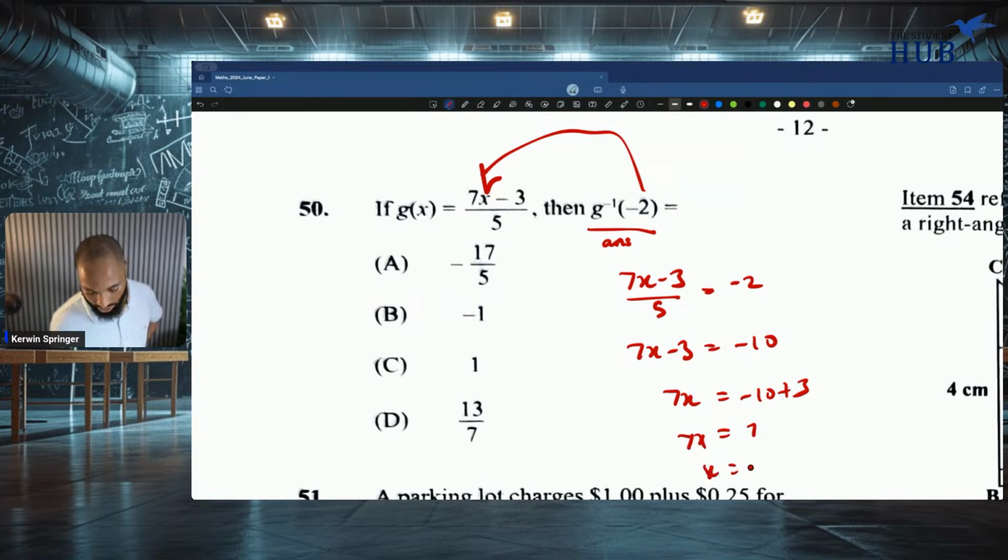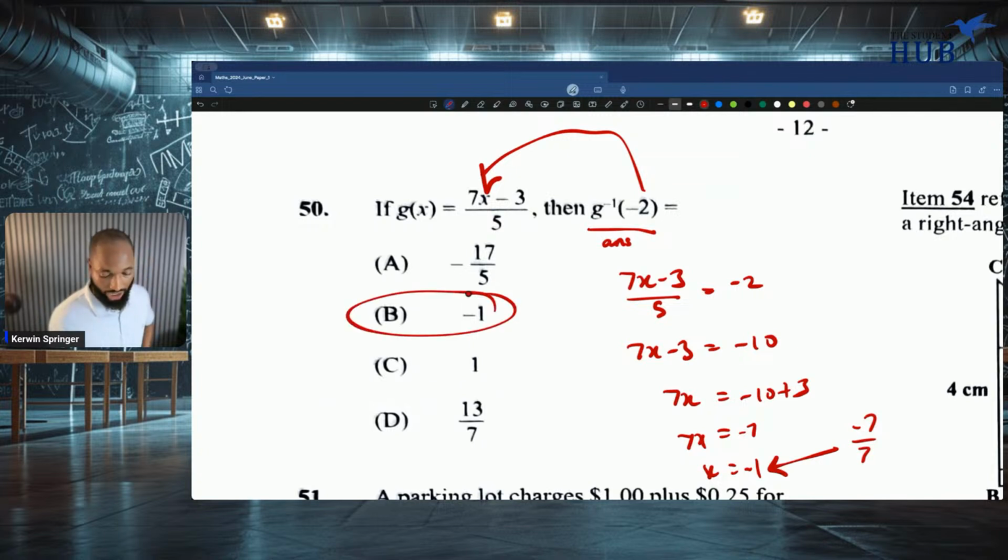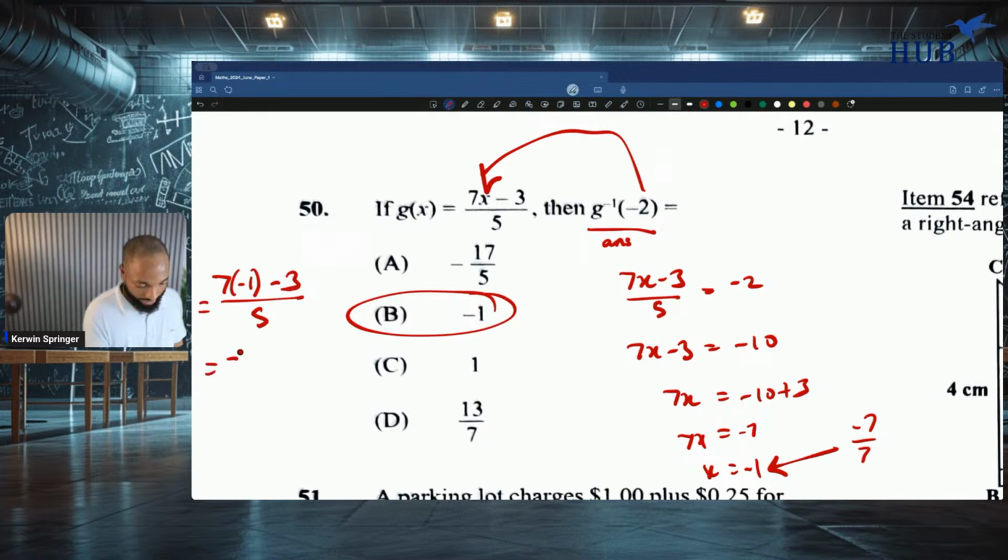And you get x is equal to negative 7 divided by 7, which is negative 1. B. You can check it back now. If I put negative 1 in this, 7 by negative 1 minus 3 over 5, you will get negative 7 minus 3 over 5.